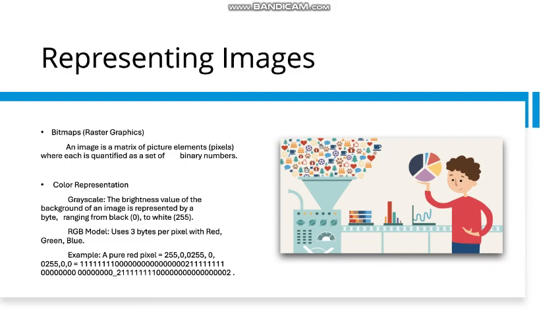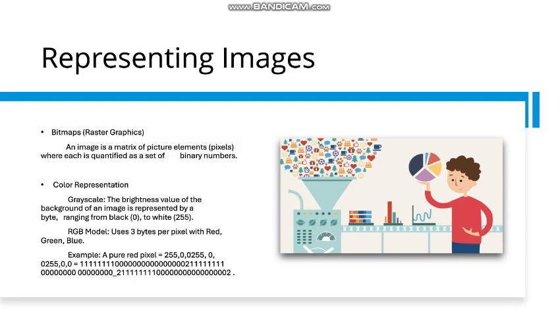Representing images. First one is bitmaps. Raster graphics, we call them pixels. An image is a matrix of picture elements, pixels, where each is quantified as a set of binary numbers. Color representation.